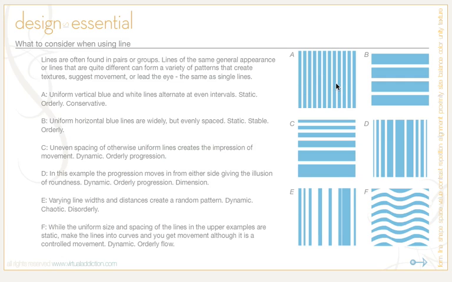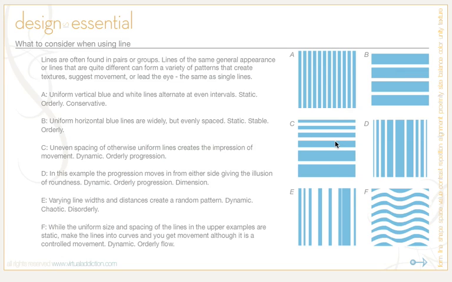This creates a very static, orderly, and conservative type of look. If we contrast this to this example, which basically has uniform lines, but these lines are a little bit wider and they're evenly spaced and they're horizontal, this also creates a static, stable, and orderly type of look.